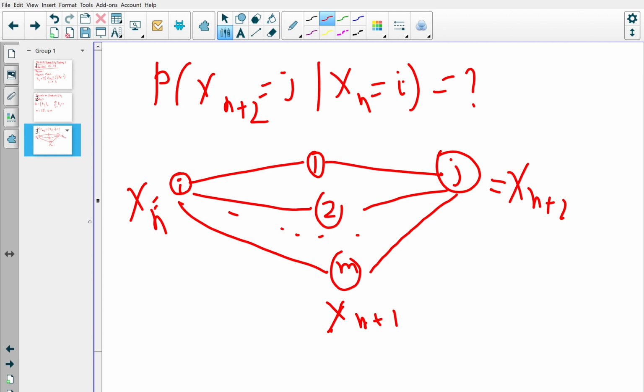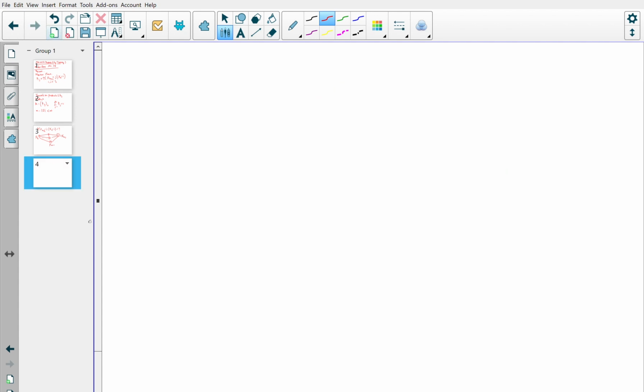So what is this probability? By the diagram you can understand that it is the sum of all these probabilities.